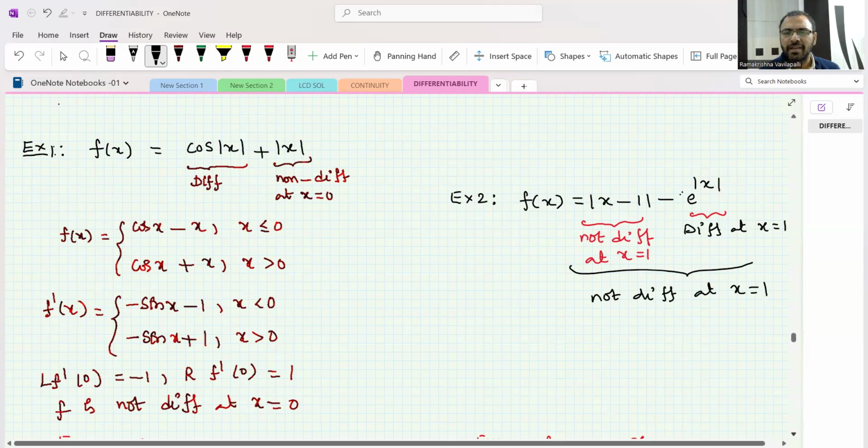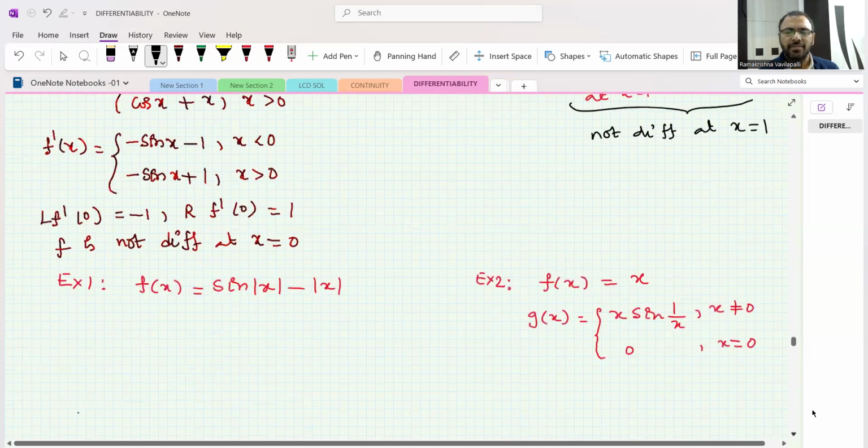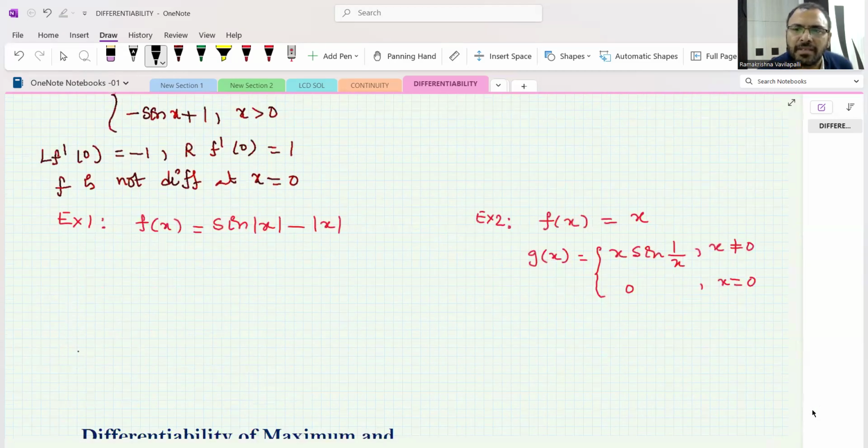Now, I would like to give an example that if the sum or product or difference is differentiable, then the individual functions may or may not be differentiable. Here is an example, sin mod x minus mod x.